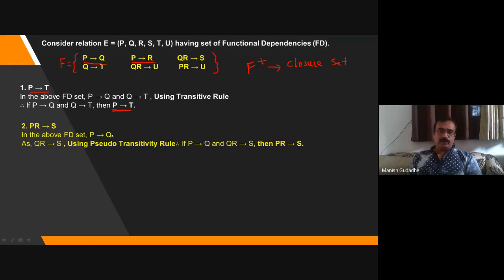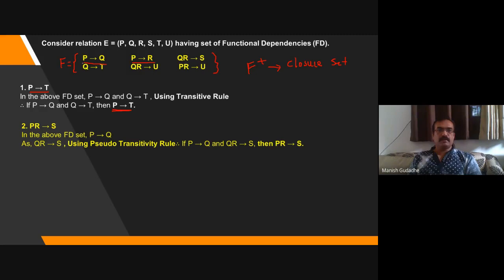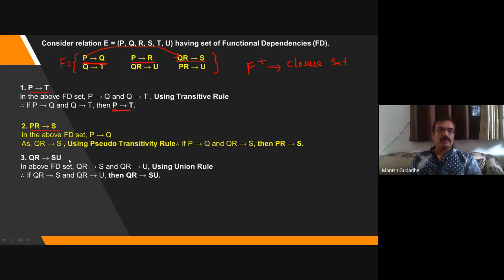P is determining Q and QR is determining S. So now P can replace Q in this case, and it becomes PR determining S. PR determining S, with the help of pseudo transitivity.